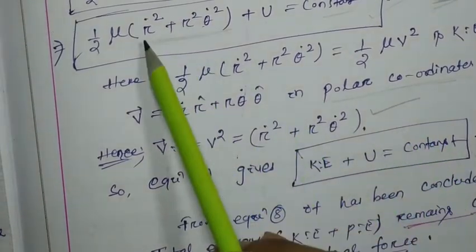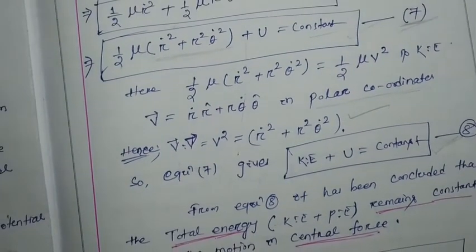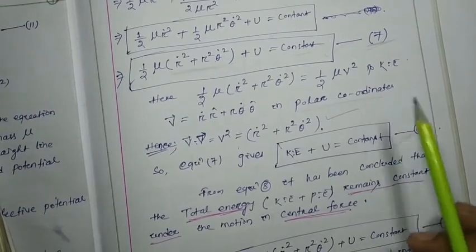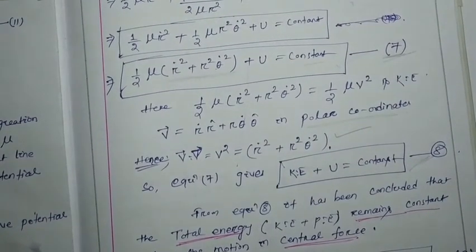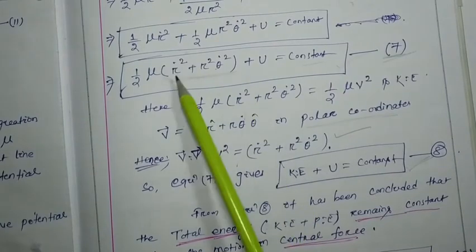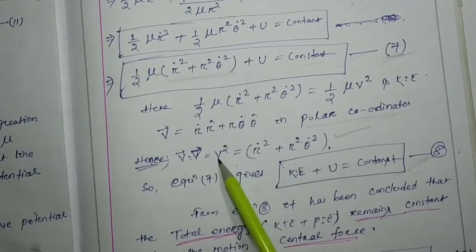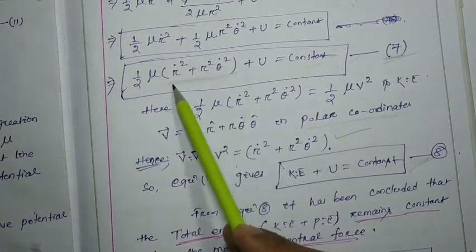So here, in your equation number 7, the term r dot square plus r square theta dot square will be v square. That means this represents velocity square.